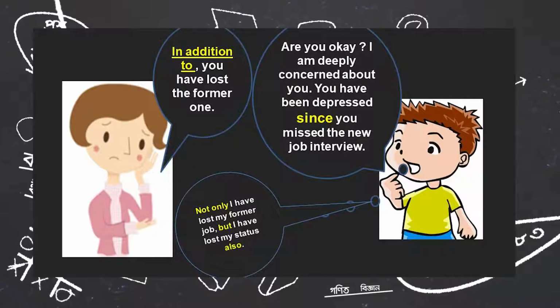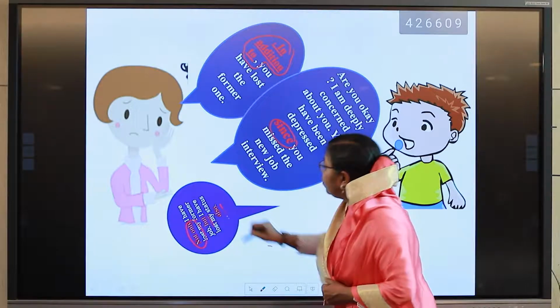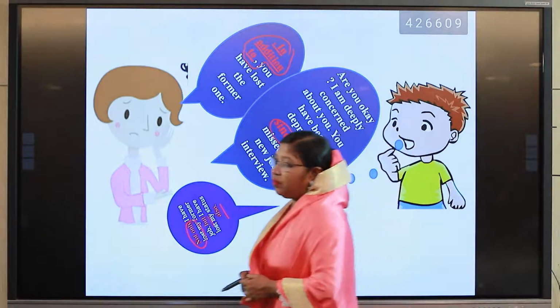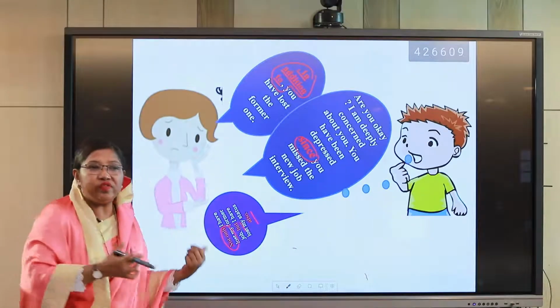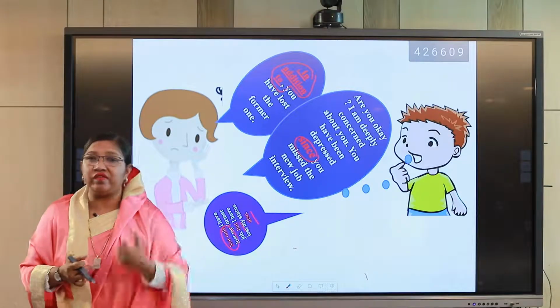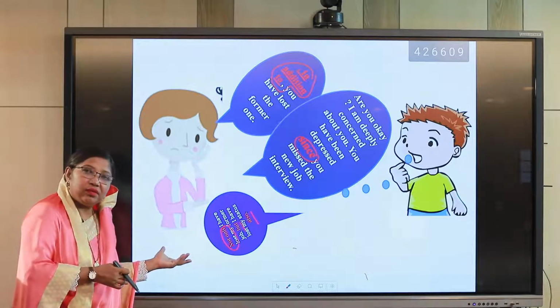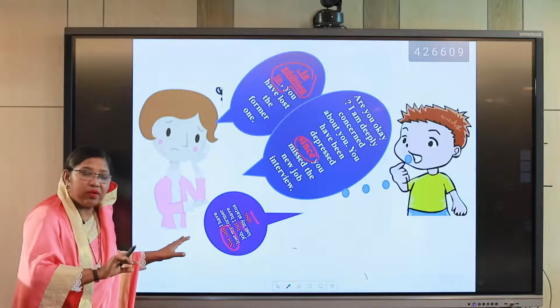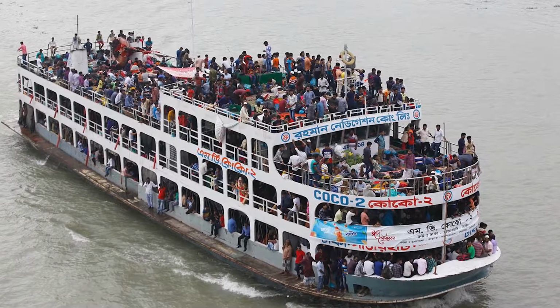Not only I have lost my former job, but I have lost my status also. Not only, but also. Sometimes you can break the connectors while using them in the sentences. Have you written? Can I erase?